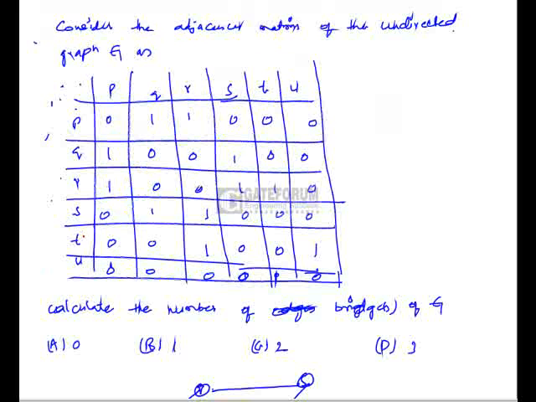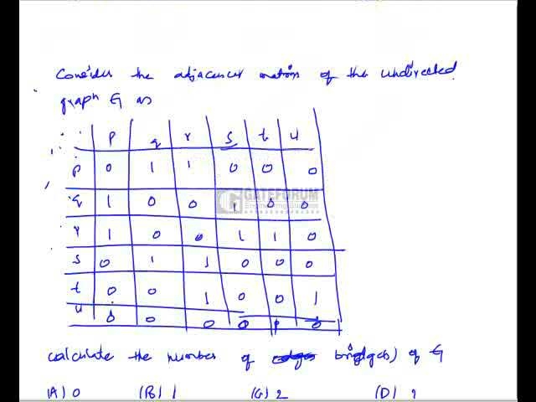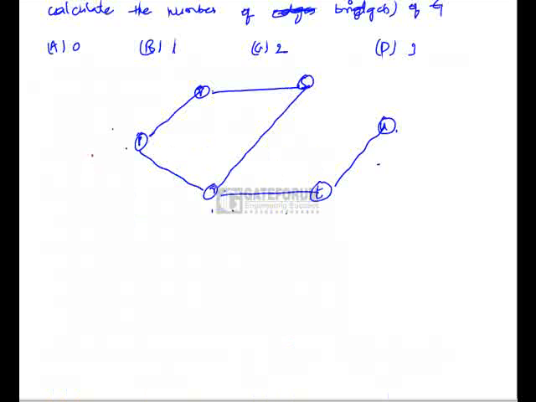So now let us go to the row T. There is an edge between R and T and T and U. We have already drawn the edge R and T. Let us draw the edge between the vertices T and U. Now if you see row U, there is only one edge between T and U, which we have already drawn. So the given graph is this one.